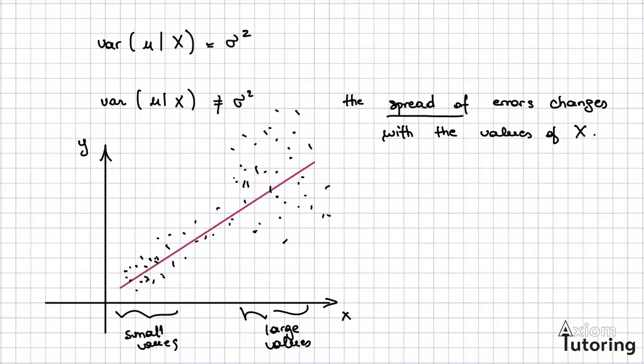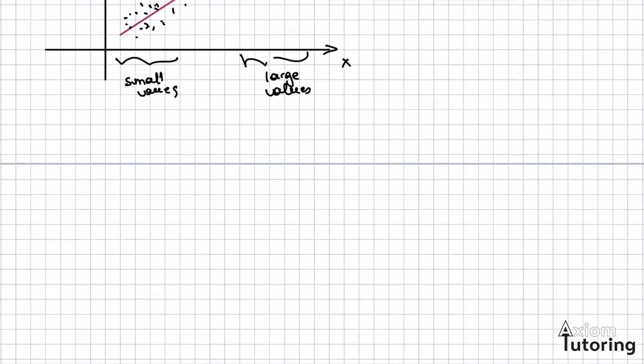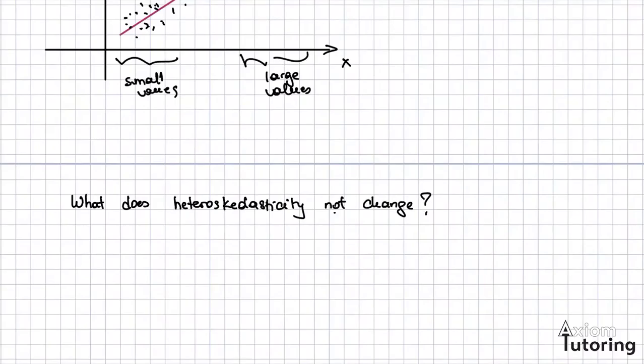However, what are the things that heteroskedasticity does not change? The regression line is still correctly estimated when you have heteroskedasticity. So OLS coefficients are still unbiased and consistent under heteroskedasticity.